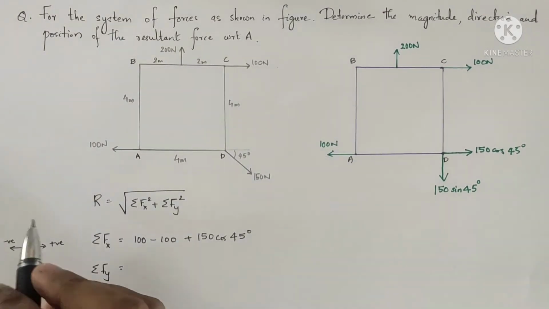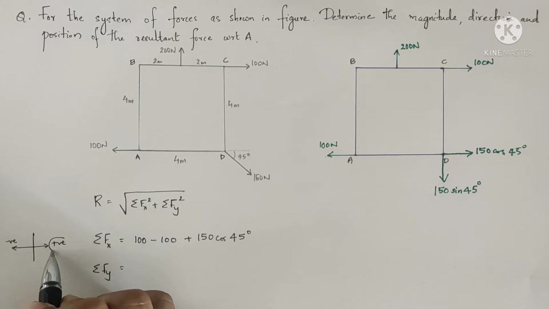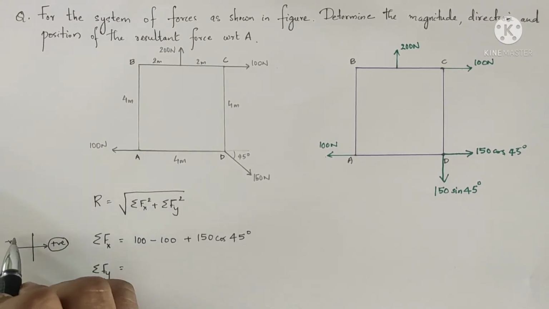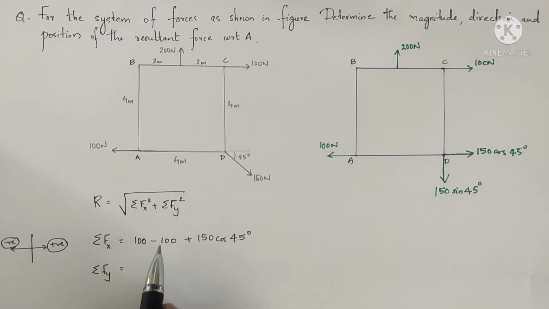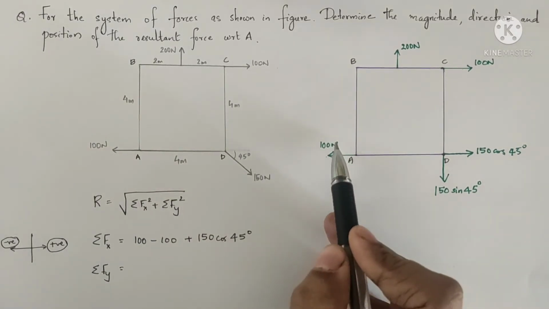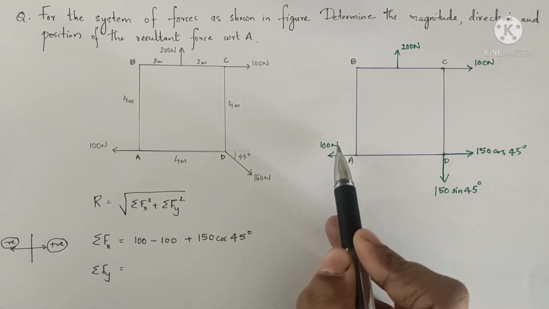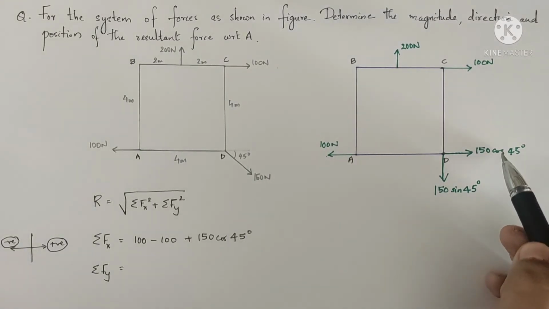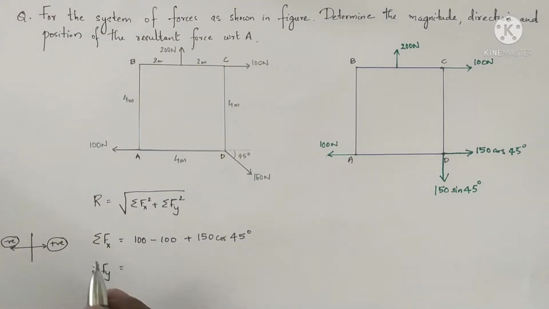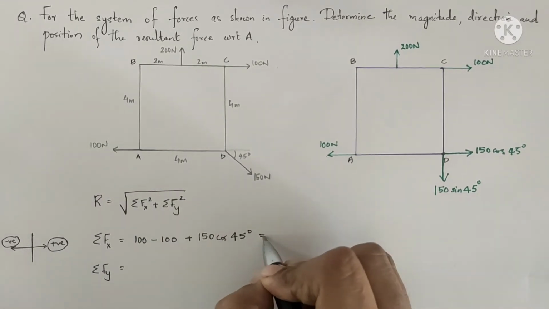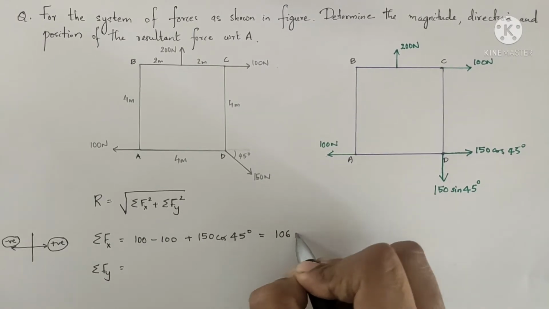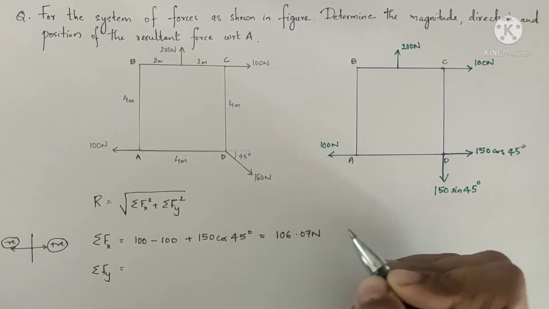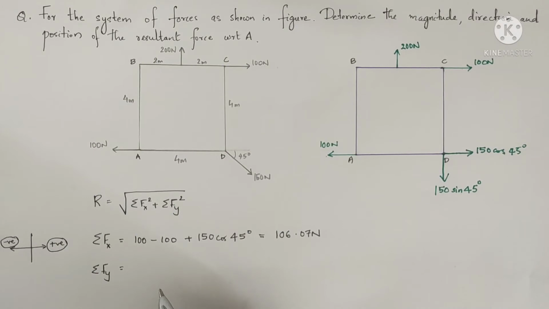The forces along the right is taken as positive and the forces along the left is taken as negative. So here sigma fx is 100 minus 100, because this 100 Newton is towards the left, taken as negative, plus 150 cos 45 degree. So sigma fx is equal to, calculate the value, 106.07 Newton.